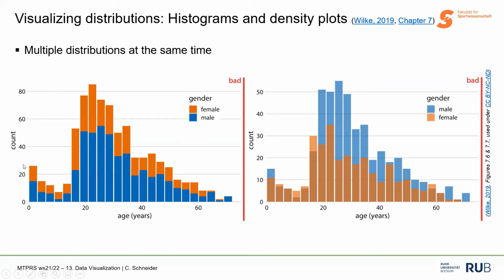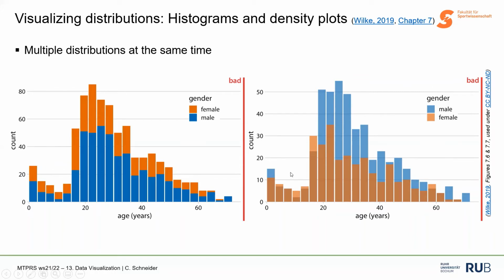But if we then put all the female persons on top of this, it's very difficult to understand the distribution of the females. We do see what the overall distribution is, but it's almost impossible to understand what the distribution for the females actually is. For example, is this age group different to this age group?